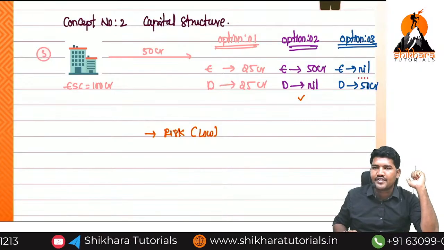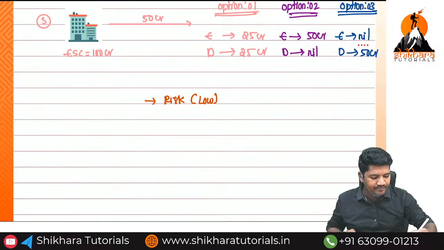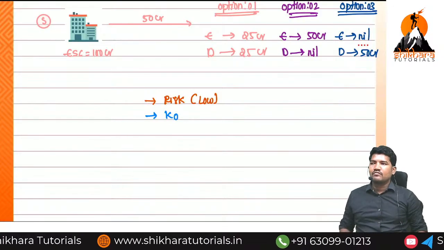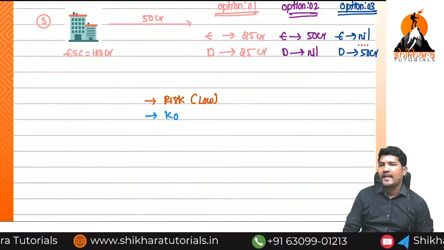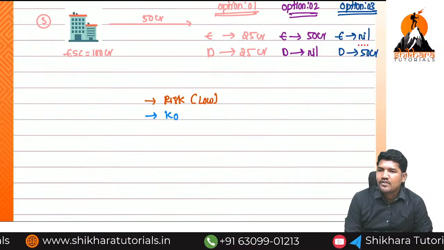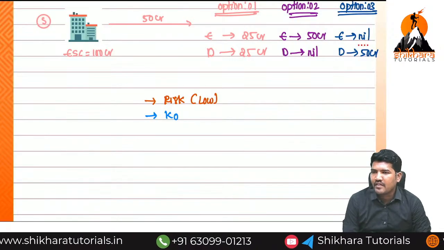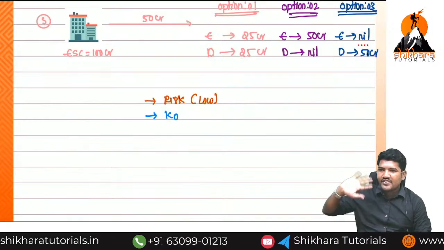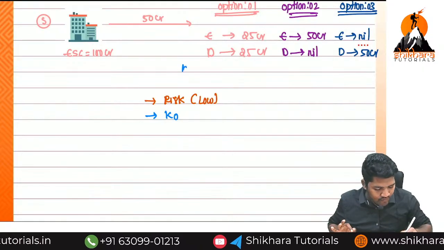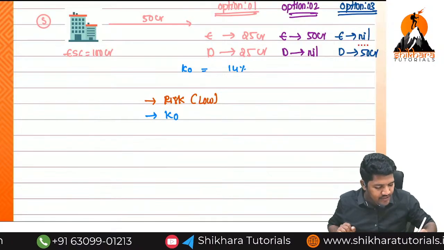Now, forget about the risk. There is a new element in the picture: KO. What is the meaning of KO? Weighted average cost of capital. As a company, do you want more cost of capital or less? I'm not focusing on the risk. I'm just focusing on KO. For example, if you pick this option, 14%. If you pick this option, 13%.